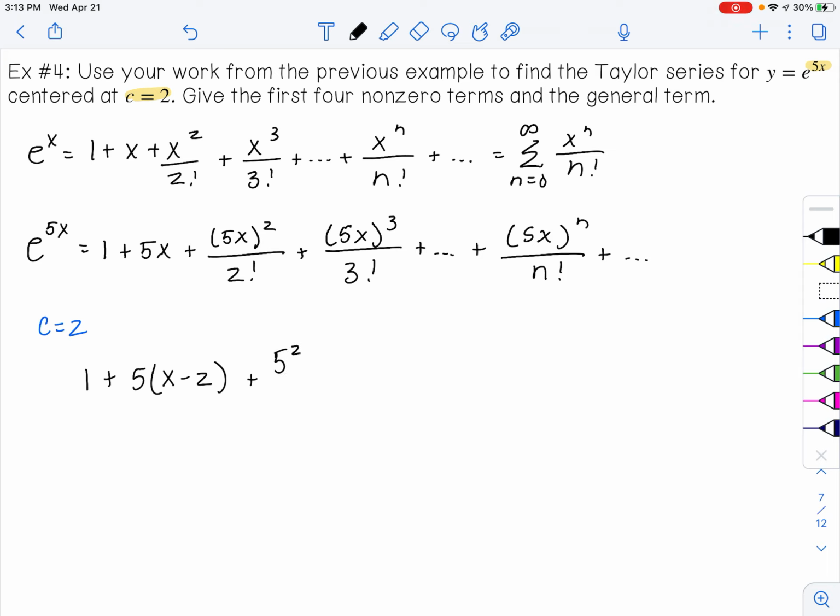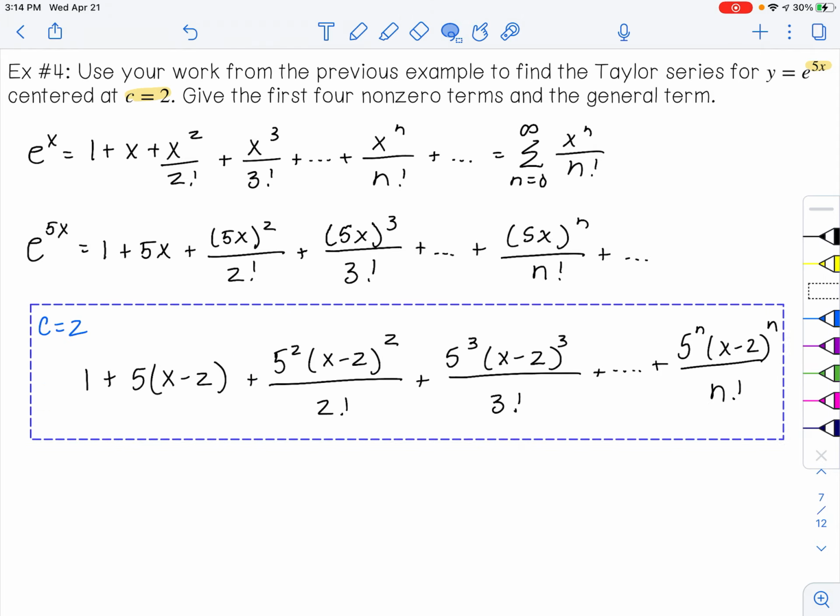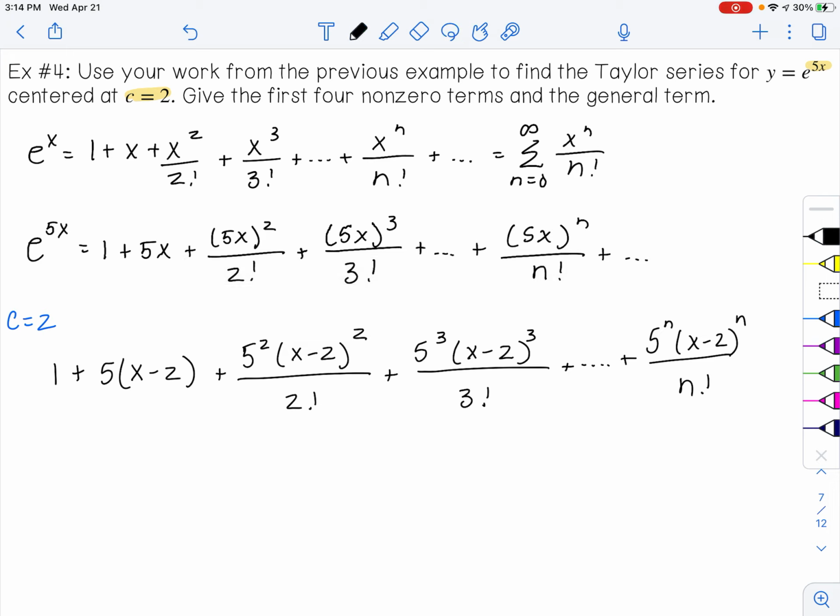We'll write it that way, 5 squared times x minus 2 squared over 2 factorial plus 5 cubed times x minus 2 cubed over 3 factorial plus out to our general term, because it asked for the first 4 non-zeros, so our first 4 non-zeros are done, and now our general term is just going to be 5 to the n power times x minus 2 to the n power all over n factorial. Technically this does keep going forever, so I would add a plus ... if I was just handwriting my answer for the full series.